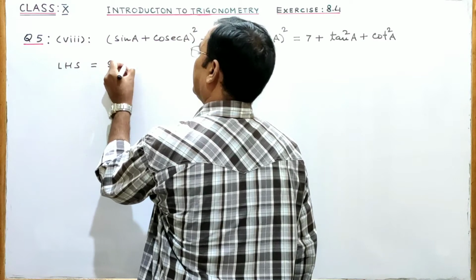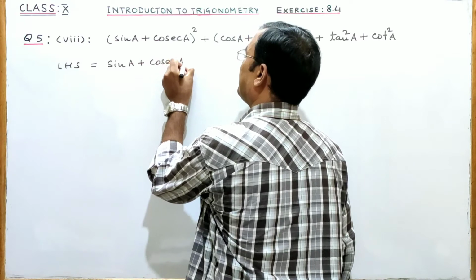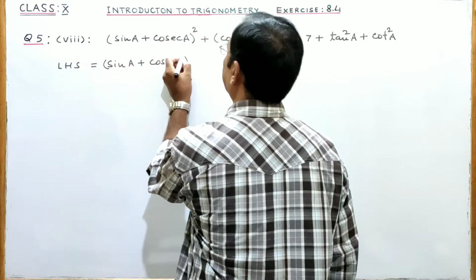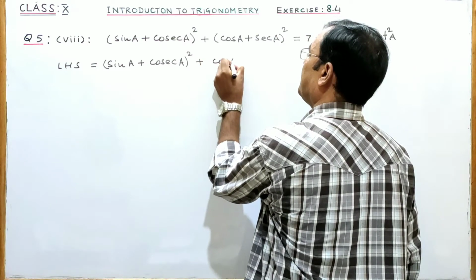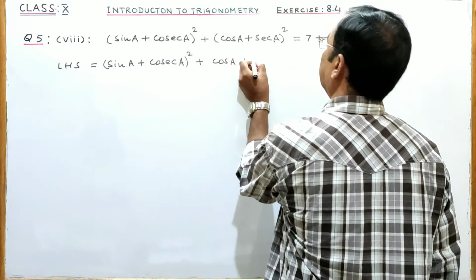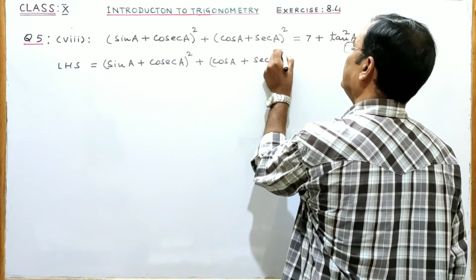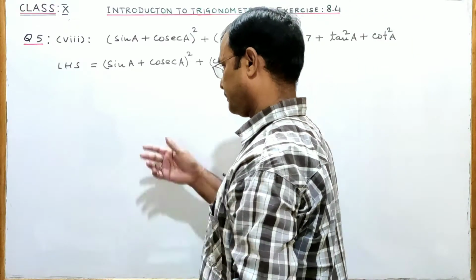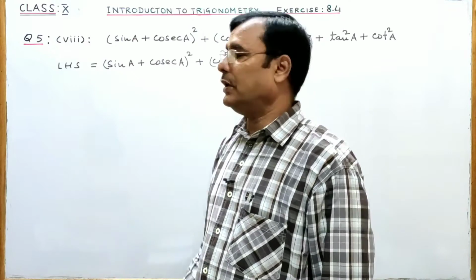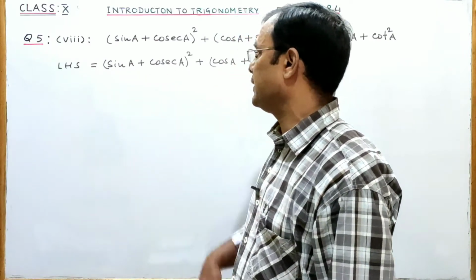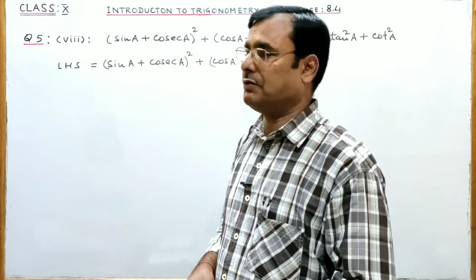(sin A plus cosec A) whole square plus (cos A plus sec A) whole square. Let us use a plus b whole square formula and expand these two whole squares in the form of a square plus 2ab plus b square.